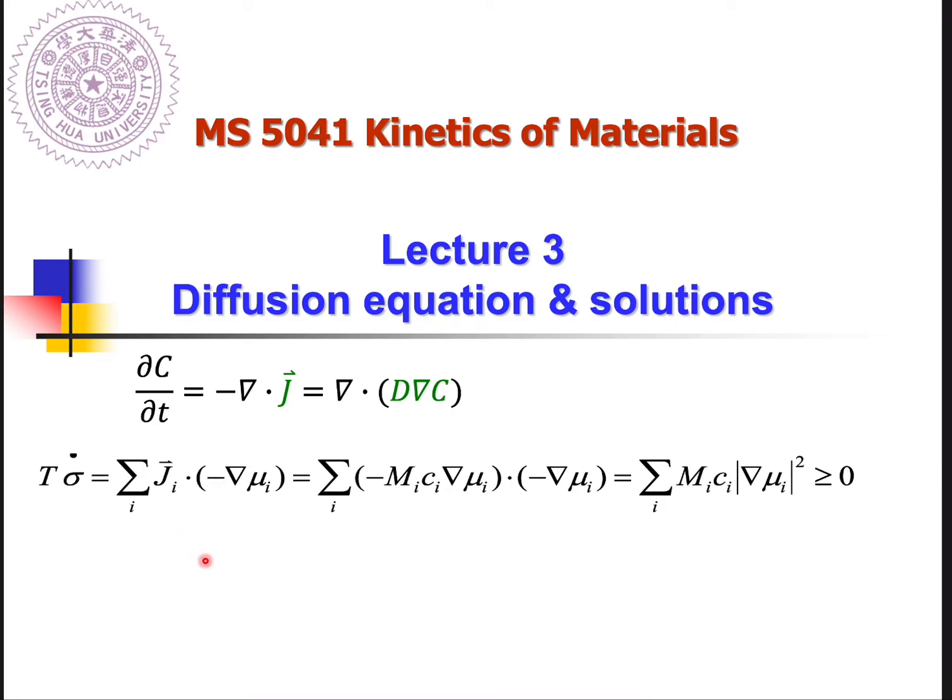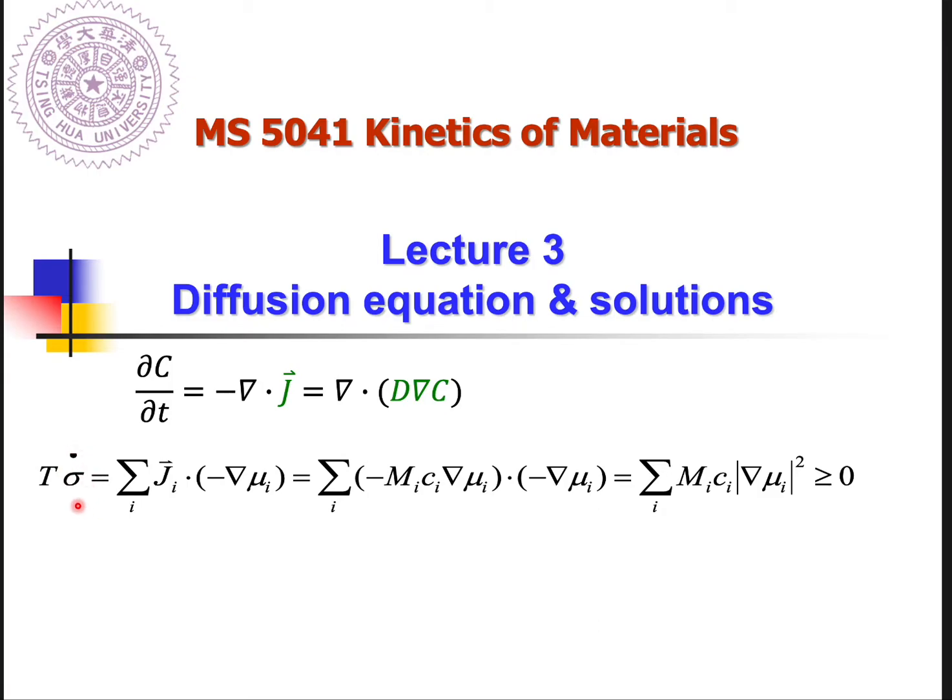This is kinetics, right? If you think about what we learned in lecture 1, in any kinetics process you can use the entropy production rate to describe how fast the process is.